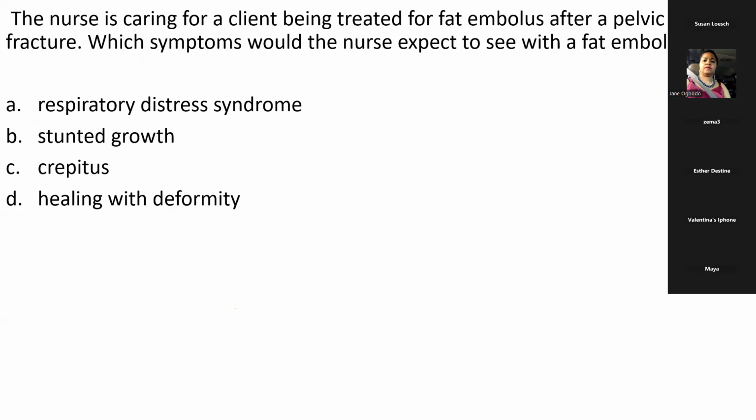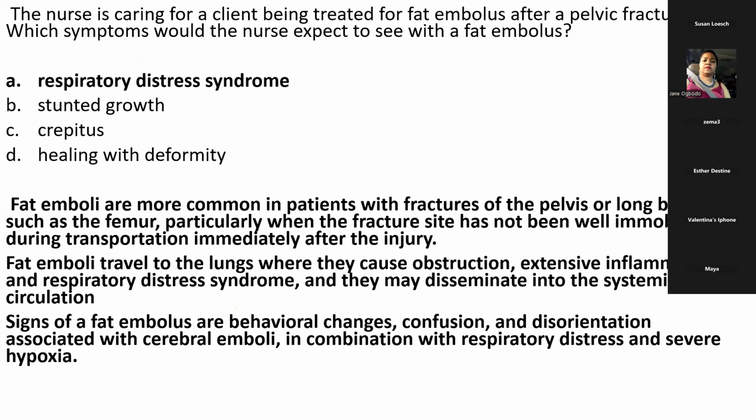So what are we going to see? Respiratory distress. Yes, respiratory distress. Okay? Again, more common in patients with the pelvis or long bone fracture like the femur, especially when it's not well immobilized during transport right after the injury.